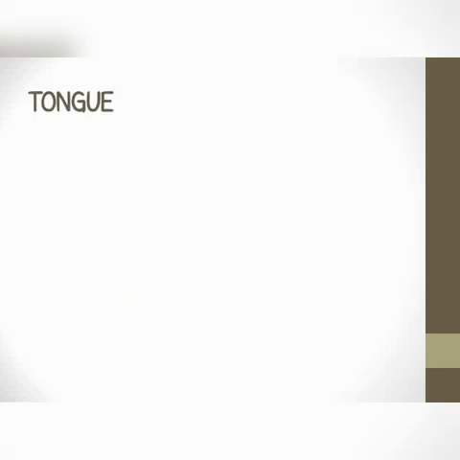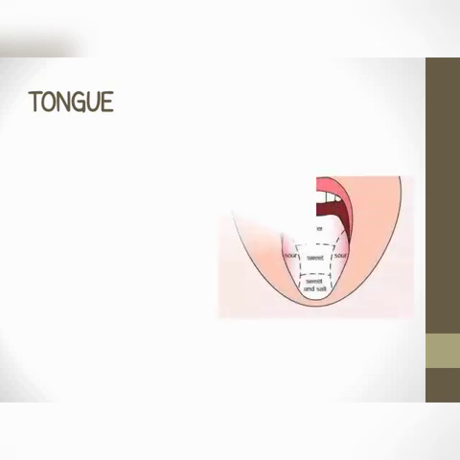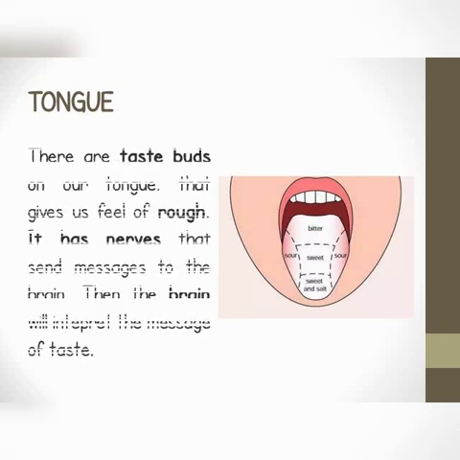The next sense organ that we are going to discuss is our tongue. Let's look at the picture. This is our tongue that will give us the taste of bitter, sour, sweet, and also salt. There are taste buds on our tongue that give it a rough feel.